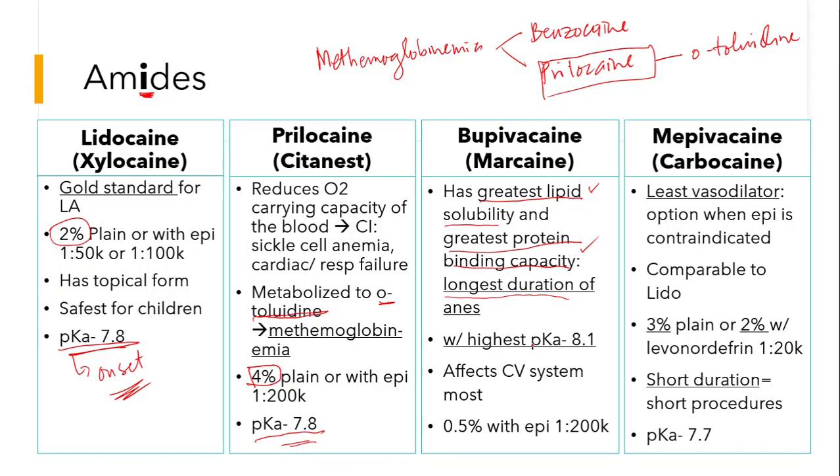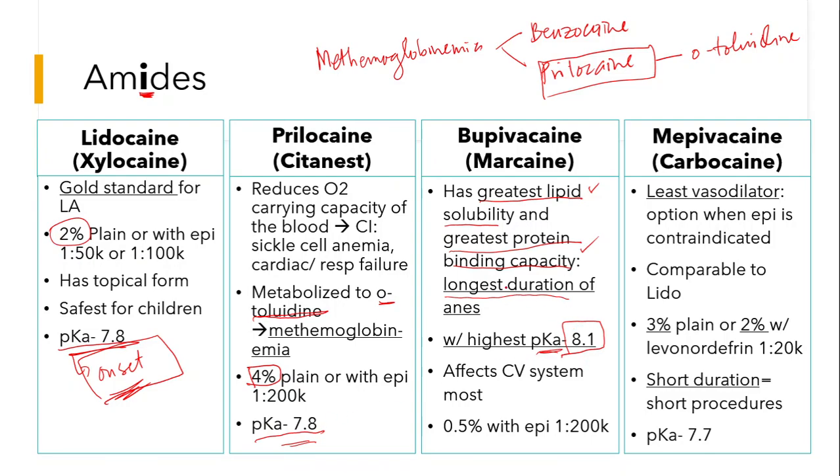Okay? However, it may have the greatest lipid solubility and protein binding capacity, but it has the highest pKa of 8.1. What does that mean? Again, pKa has something to do with onset. The higher the pKa, the slower the onset.